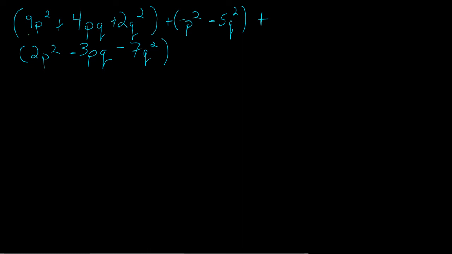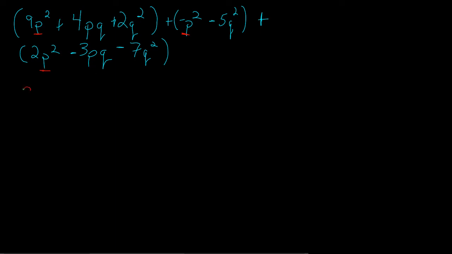So the first term I have, which let's see, Roy G. Biv, so we'll start with red, are p squares. So I look for everything that has a p squared. Those are the same named terms. They're my like terms.